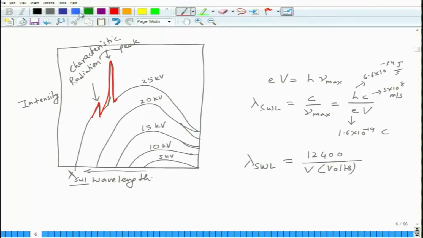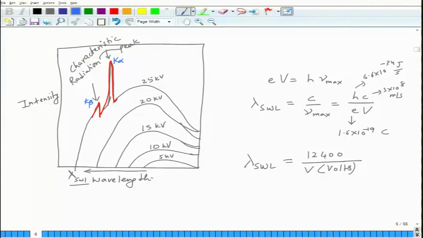Typically they are referred to as, this could be K beta, this could be K alpha. K alpha is the transition from L to K. K beta is the transition from M to K. So obviously M to K will have higher energy, correspondingly lower wavelength. So K beta will always occur at lower wavelength as compared to K alpha.